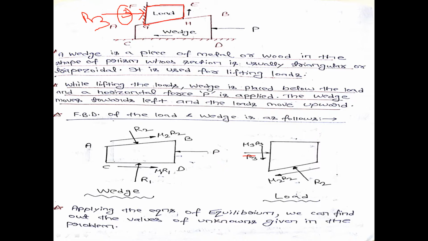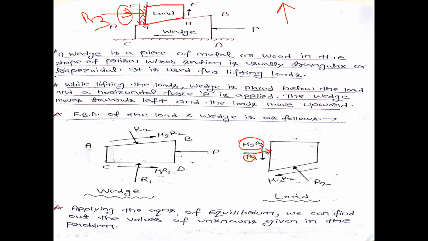See, R3 in this direction. And since the load is moving upward, a frictional force will exist between this vertical surface and this load, and that frictional force will be in the opposite direction to the direction of motion. That is mu3 into R3, where mu3 is the coefficient of friction between the load and this vertical surface.